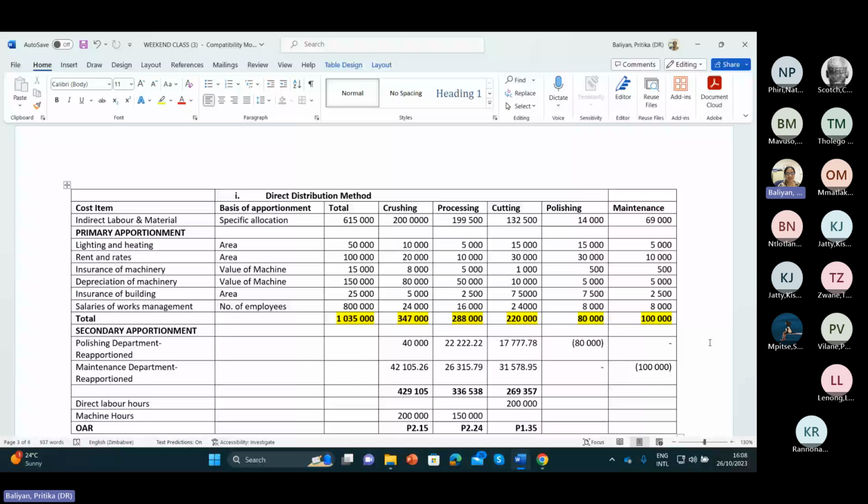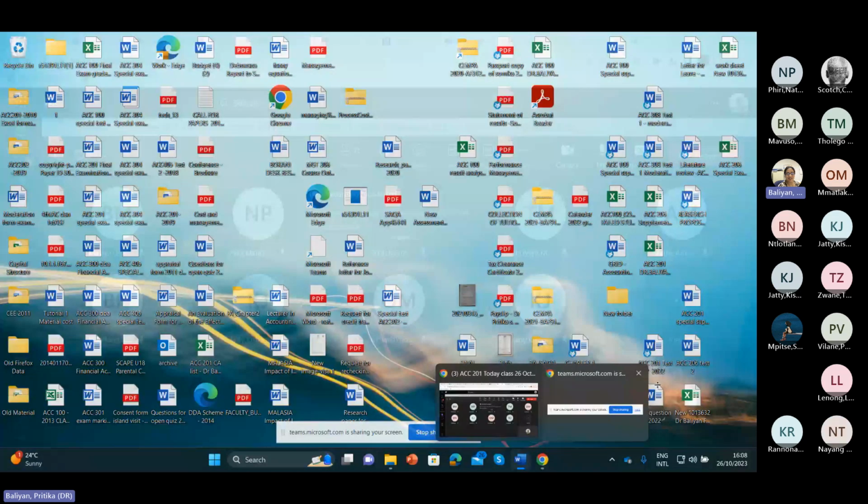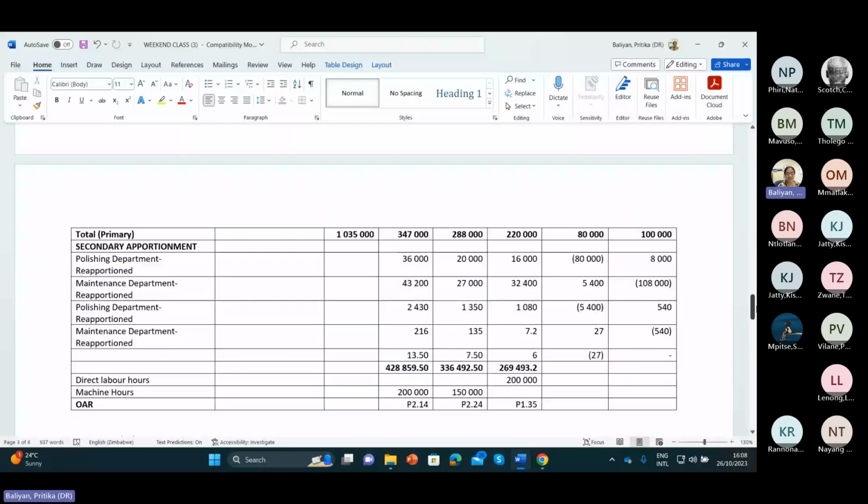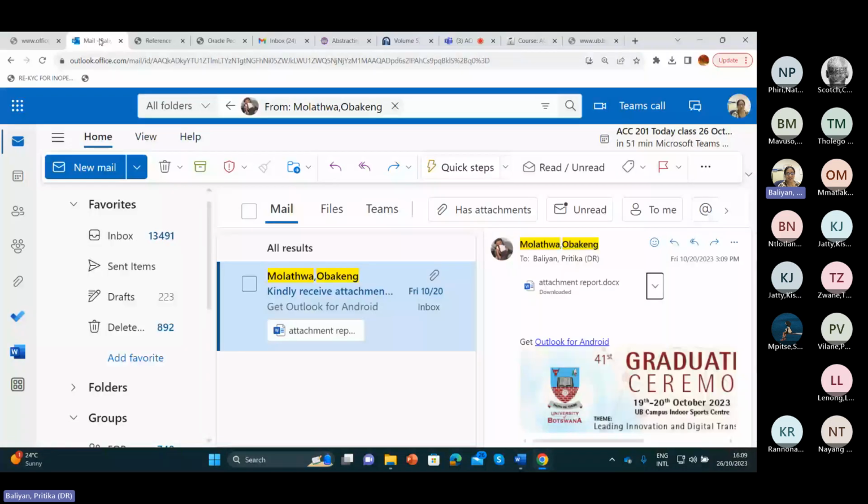For that, we have various methods, like direct distribution. Here the direct distribution work is done. We apportion 80,000 and 10,000, and then here the reapportionment we do like that. So in this way, we apportion the service department cost to the production departments.